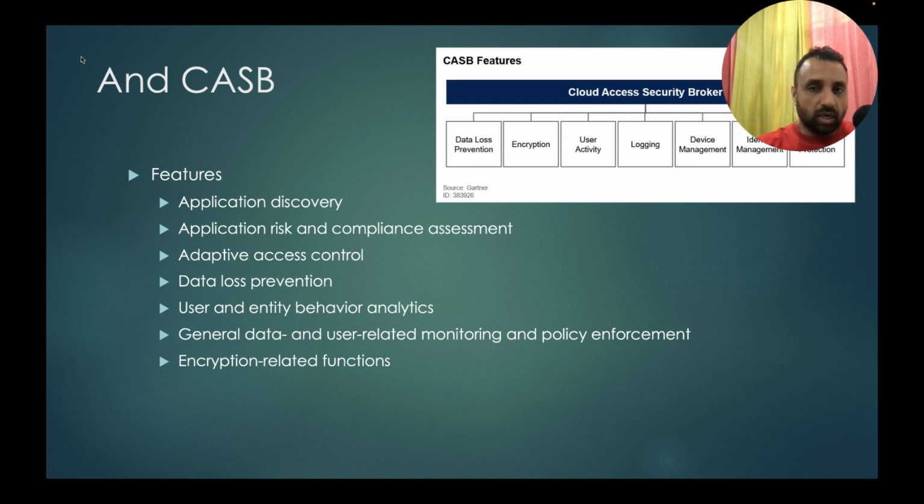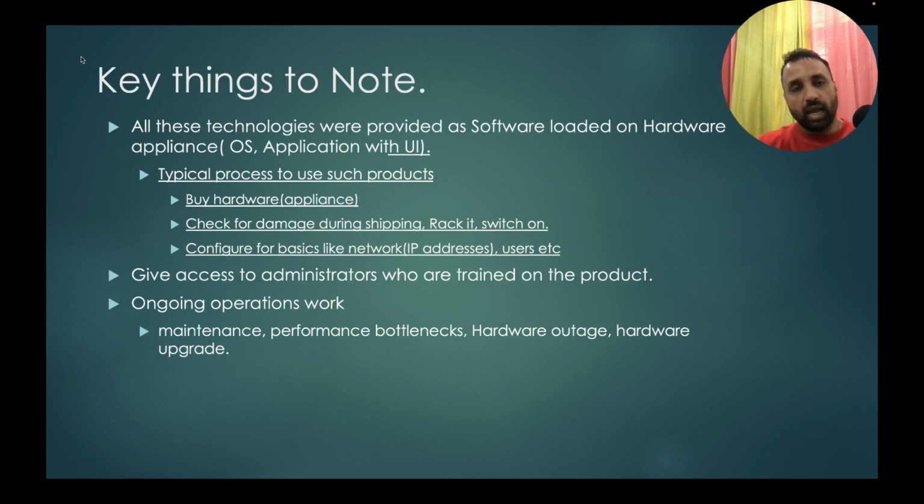And the reason it is called cloud access security broker is that typically this technology was provided as a cloud service. I'll come to that later. But historically there was always a hardware loaded with a software that was taking care of a specific use case. Whenever there was a problem that companies wanted to solve, they would buy this product from a software vendor, also known as OEM, original equipment manufacturer.